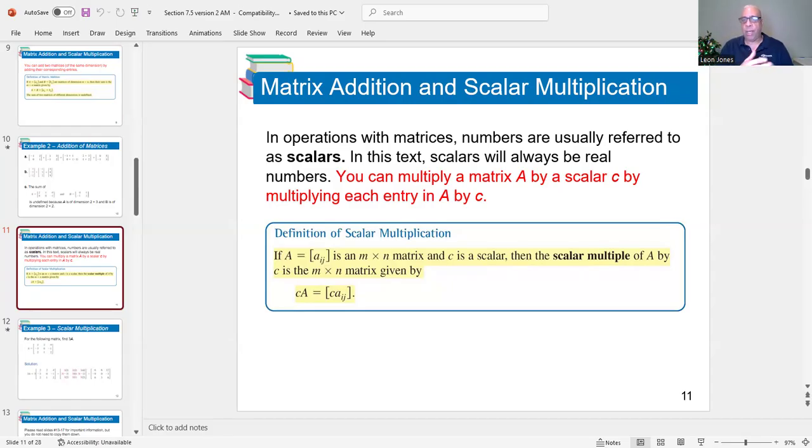So you can multiply a matrix A by a scalar c by multiplying each entry in A by c. So if A equals [a_ij] is an m times n matrix, and c is a scalar, then the scalar multiple of A by c is the m times n matrix given by cA.